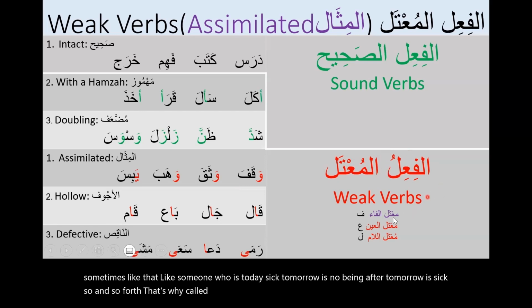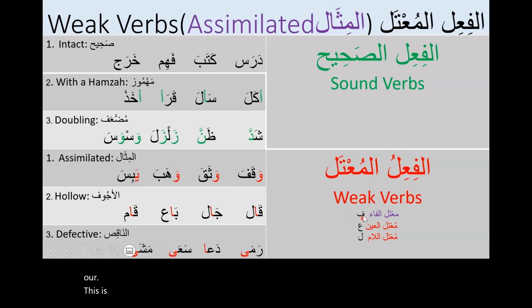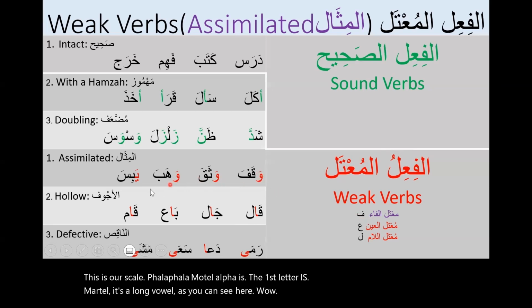So al-mu'tal, we have mu'tal al-fa. So fa al-fi'l is, this is our scale, fa'ala. Mu'tal al-fa means the first letter is mu'tal. It's a long vowel. As you can see here, wow, wow, wow.